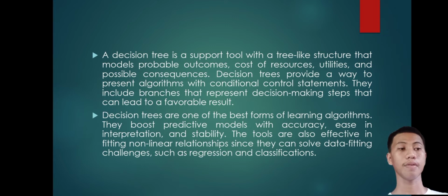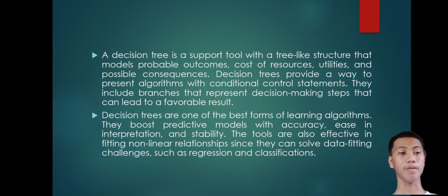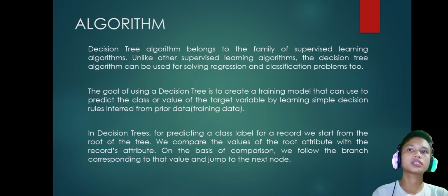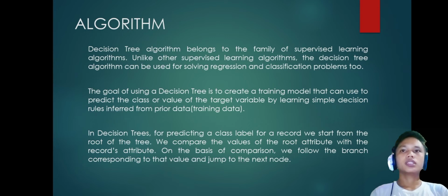The tools are also effective in fitting nonlinear relationships, since they can solve data fitting challenges such as regression and classification. The decision tree algorithm belongs to the family of supervised learning algorithms. Unlike other supervised learning algorithms, the decision tree algorithm can be used for solving regression and classification problems too.